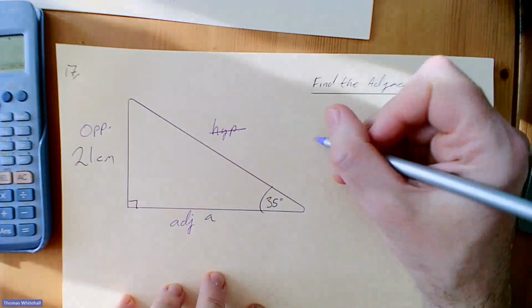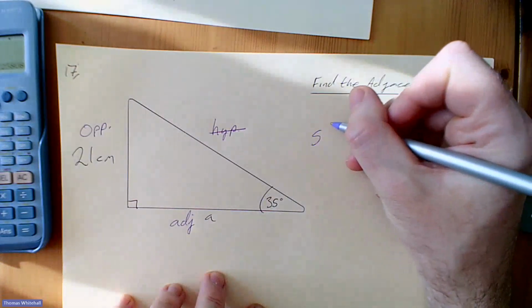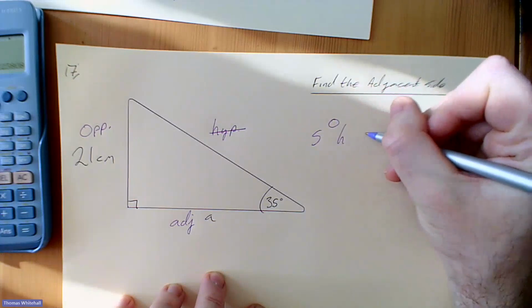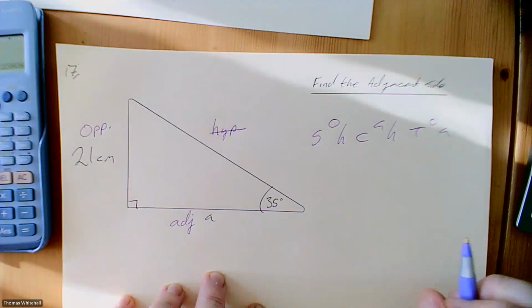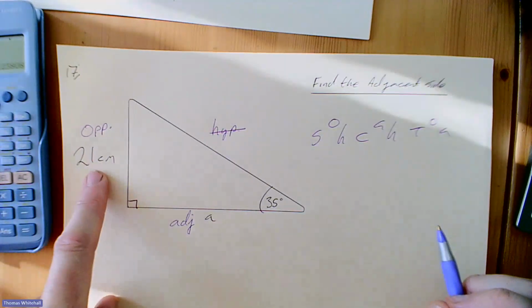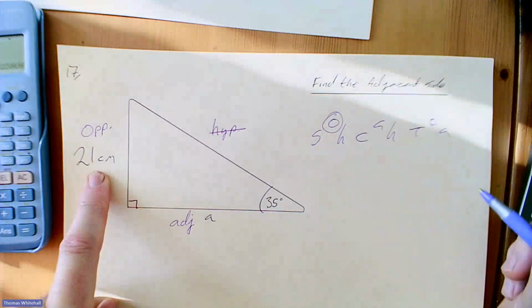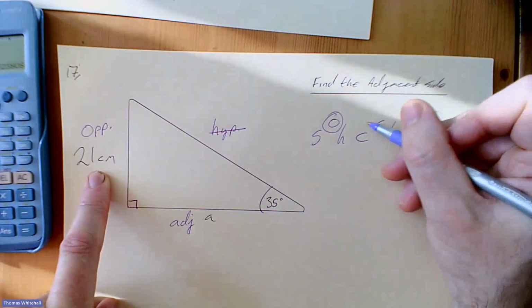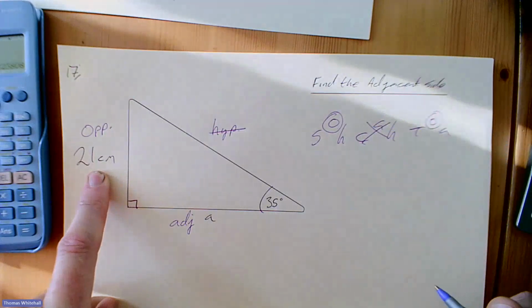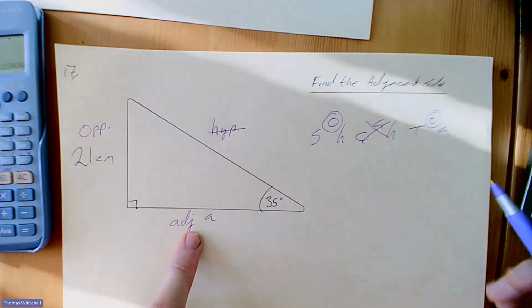Now we're going to choose our rule. So back to SOHCAHTOA. We're given the opposite. So we can see we've got opposite with sine, we've got opposite with tan, but we haven't got it with cosine. And we're asked to find the adjacent.